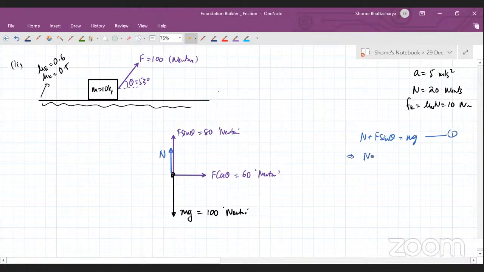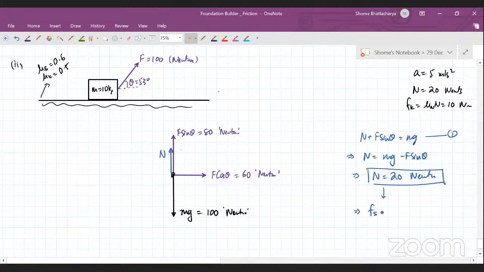So this equation is showing me that N is equal to 20 newtons. So this now shows me that the maximum static friction available is 0.6 into 20, so it's only 12 newtons.